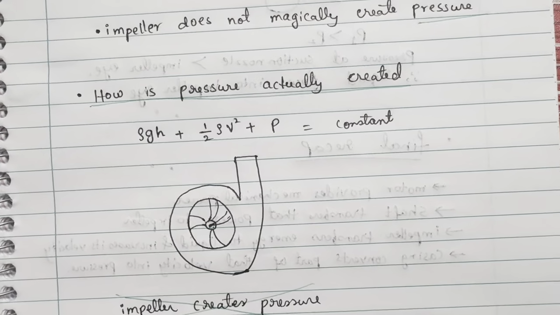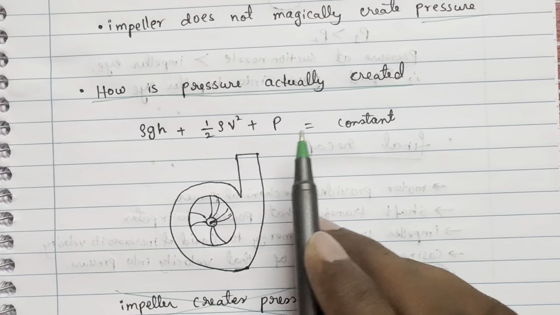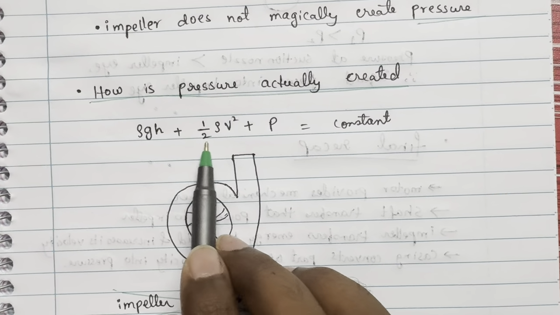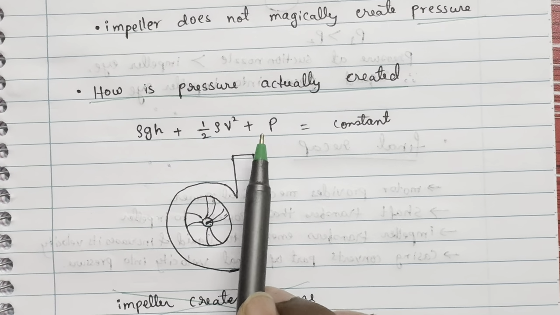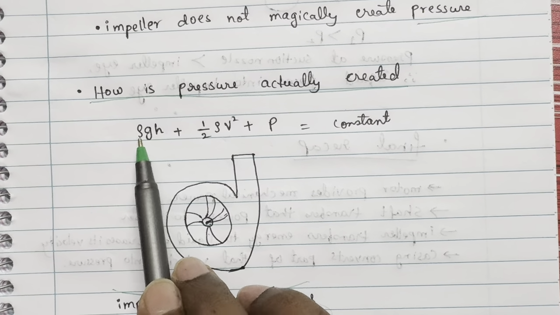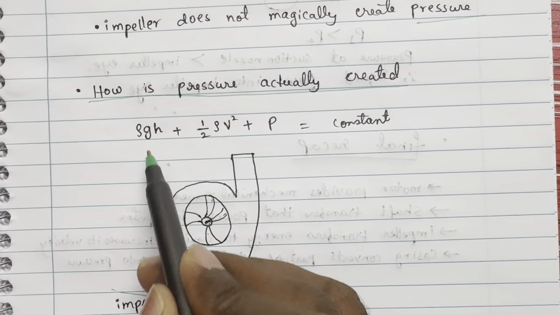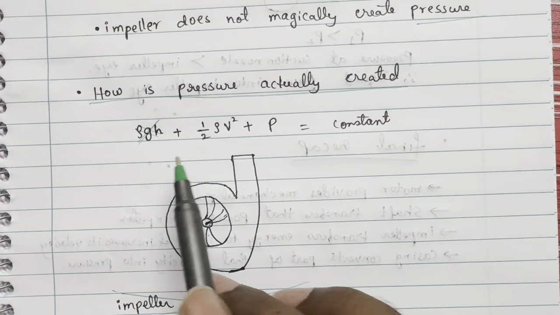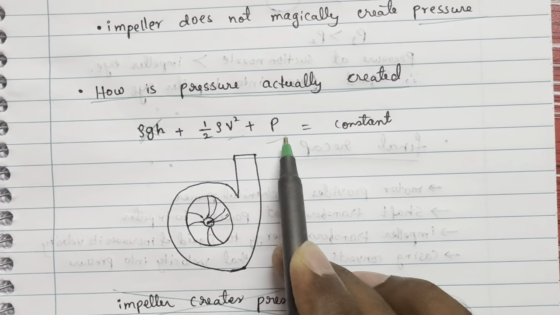Then how is pressure actually created? As you know that rho g h plus half rho v square plus pressure is equal to constant, which means pressure energy plus velocity energy plus elevation, the summation of all these energies is constant. So we'll remove this, because here we are not dealing with elevations, we are only dealing with velocity and pressure.